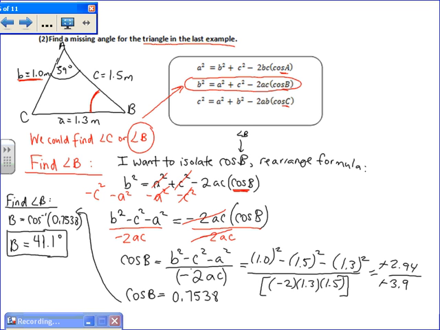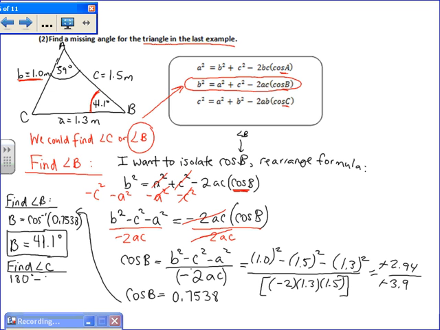Okay, finally then, angle C would be really easy to find. I don't have to use the cos law. I could, but I don't have to. Angle C, if this is 41.1 degrees, our missing angle is simply going to be 180 degrees, subtract the two that we know.